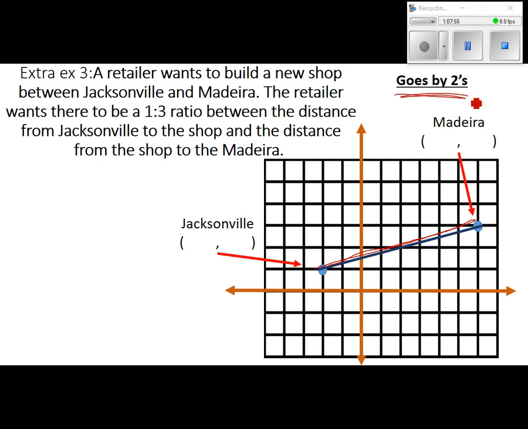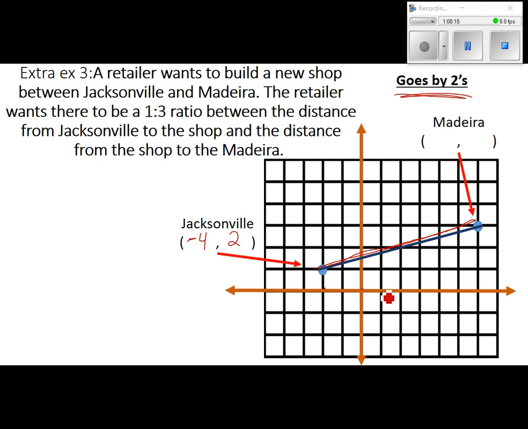This says go by 2, so we're going to go by 2s on our graph here. So if I'm going to find Jacksonville, I go this way 2, out to the left 2, but since we're going by 2s, that's going to be a -4. Then I go up 1 space, so that's going to be a +2.